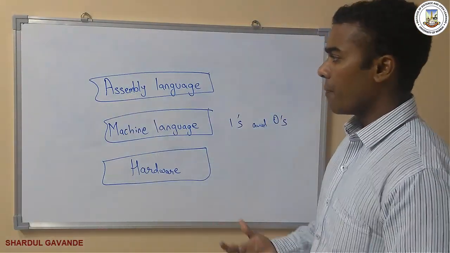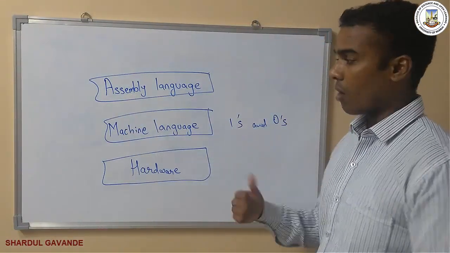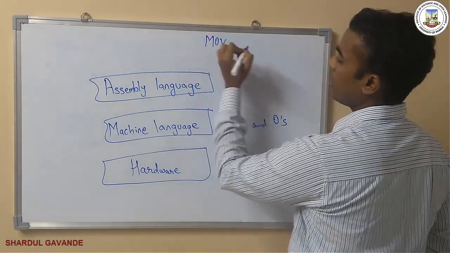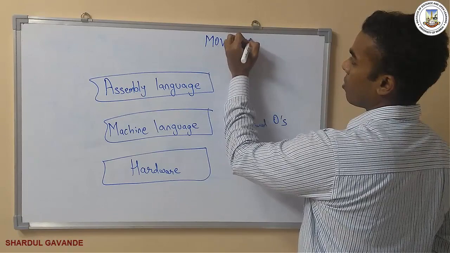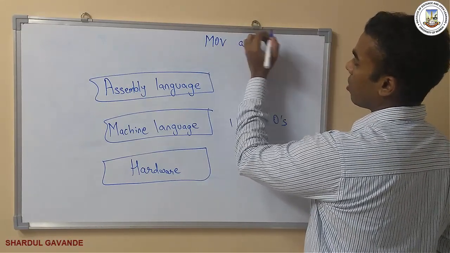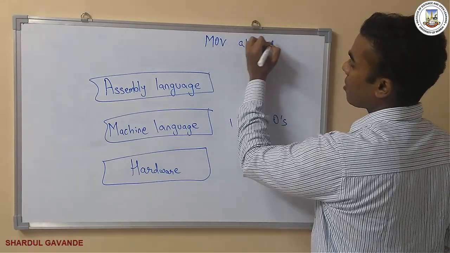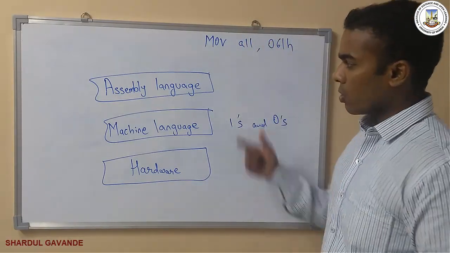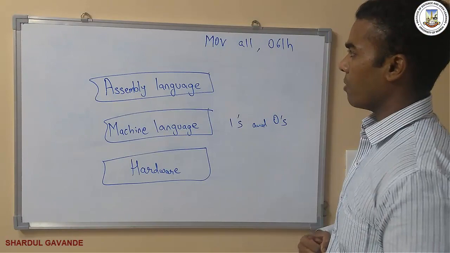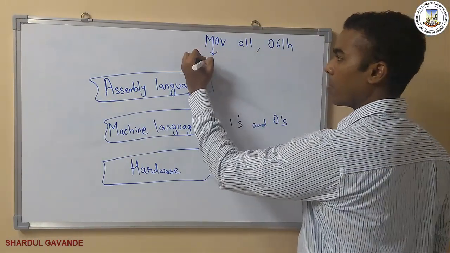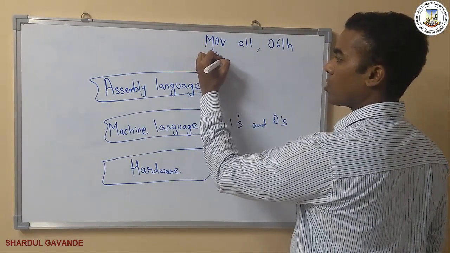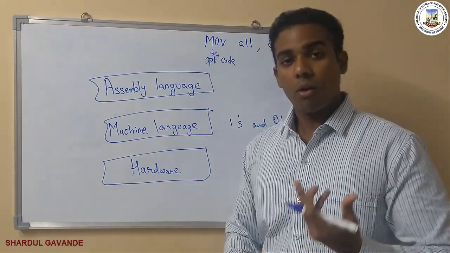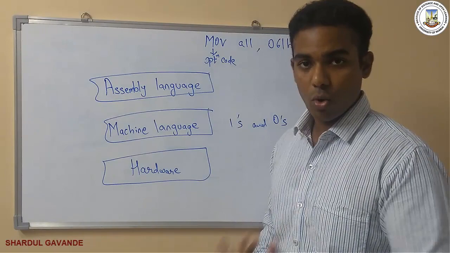Let us see some instructions of this assembly language. We have MOV, then A11, then 061H. This is a simple example of assembly language. MOV is my operation code. As I said, assembly is a low level language, and low level means it works on operation codes.